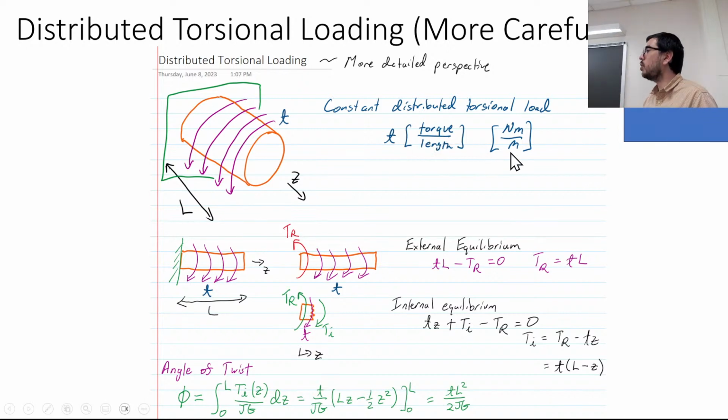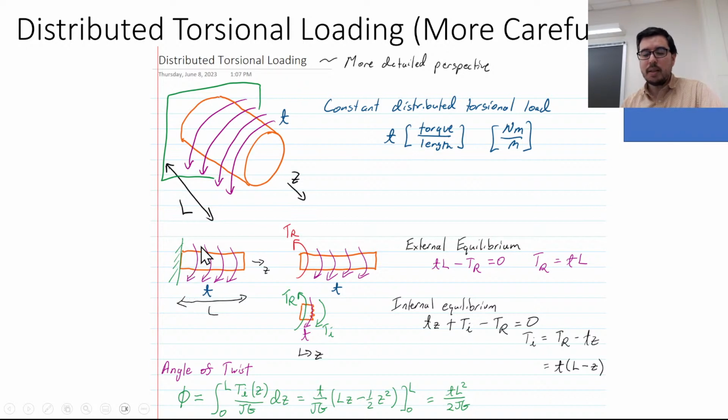They're going to be Newton meters per meter. So it's kind of funny that the distributed torsional load can have units of newtons, because it's Newton meters divided by meters. Anyway, that can be given by a lowercase t, and you can see that it's being applied here, around.